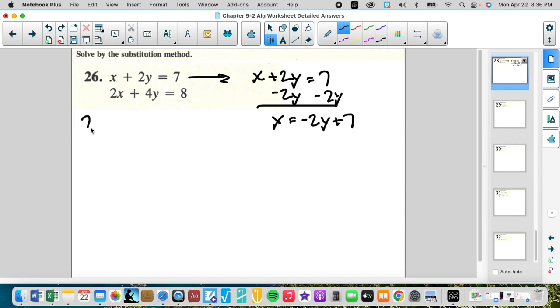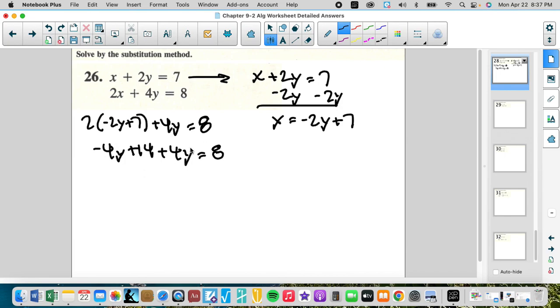So instead of writing x, we write negative 2y plus 7, plus 4y equals 8. Distribute that 2: negative 4y plus 14 plus 4y equals 8. We're going to combine like terms. They cancel, and we get a false statement.